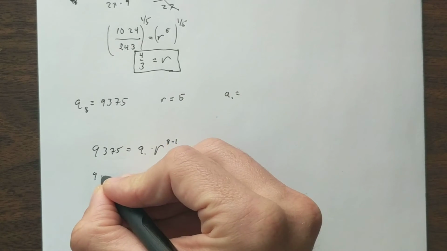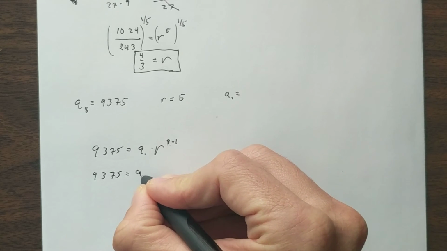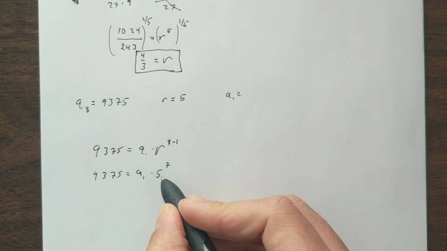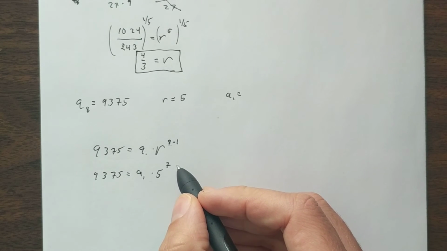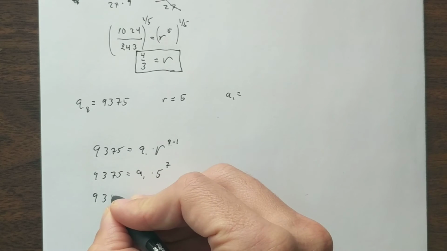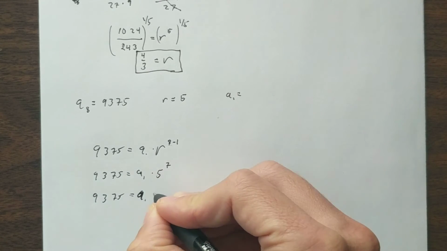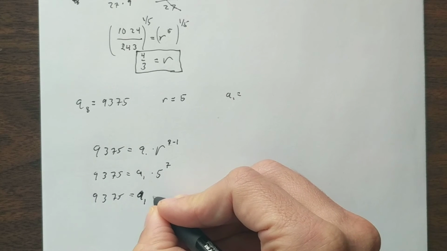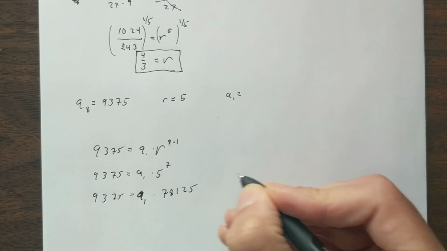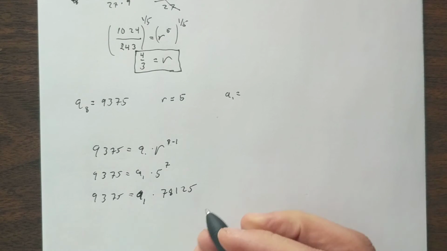So 9,375 equals a sub 1 times 5 to the power of 7. Well, what is 5 to the power of 7? 9,375 equals a sub 1, that is an a, not a 9, a sub 1, times 78,125.